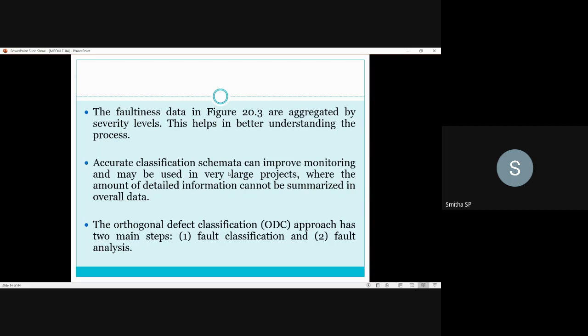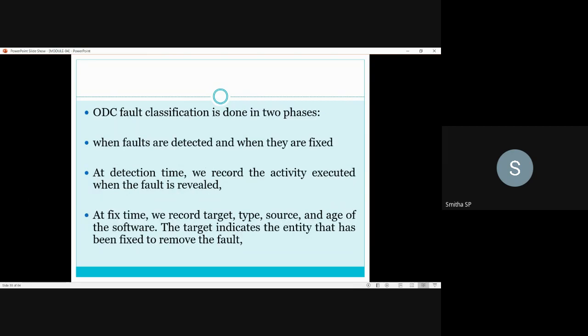One more approach we discussed here is ODC, orthogonal defect classification, where you use this approach to classify the defects. It has two steps: fault classification and fault analysis. Fault classification is done in two phases: when faults are detected and when they are fixed.